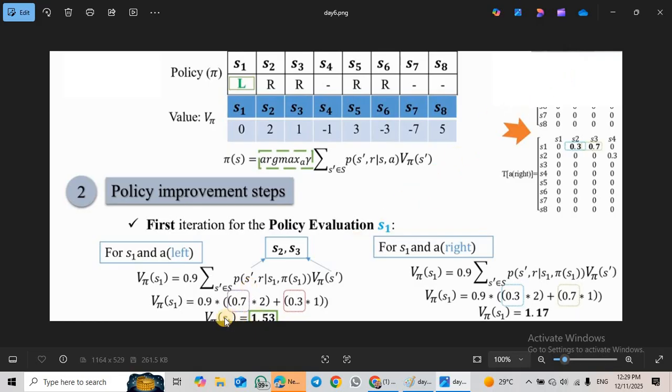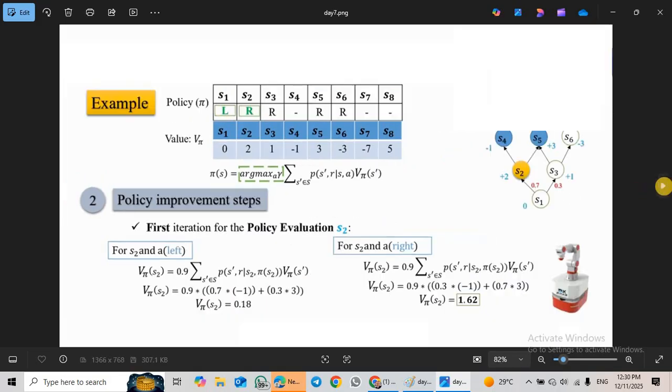When we calculate V(S1), left gives 1.53 and right gives 1.17, and we use the maximum value between these two values. Then we take this value 1.53, update this value from 0 to 1.53, and update the policy from right to left.